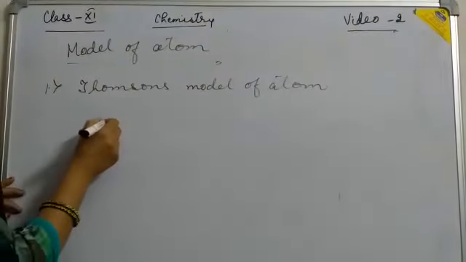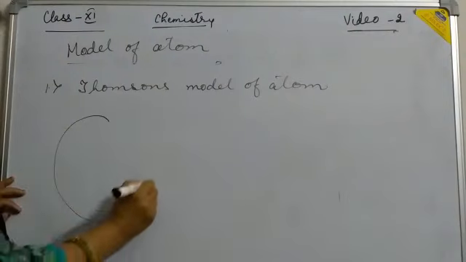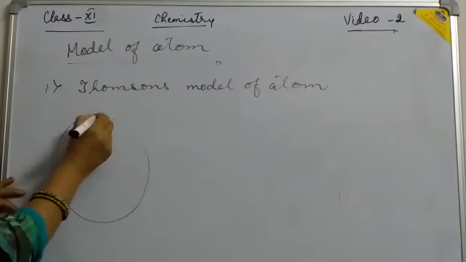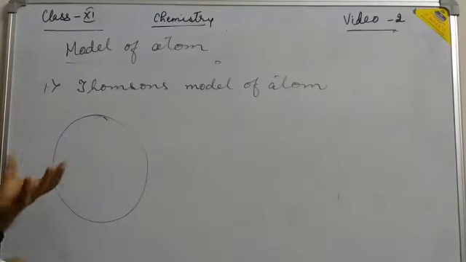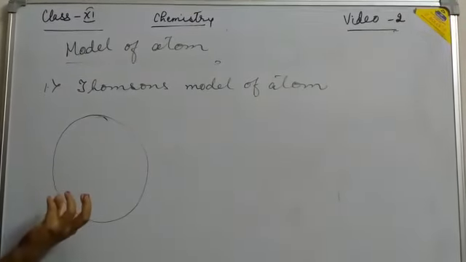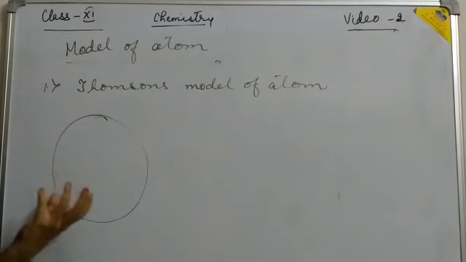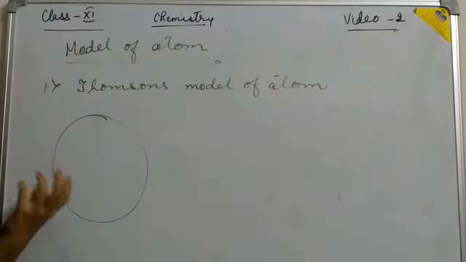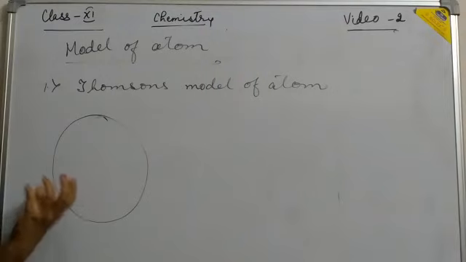J.J. Thomson proposed that an atom is a sphere. The substance which has the minimum surface area is a sphere. So he considered that the atom is the smallest particle of matter, so atom must be spherical.